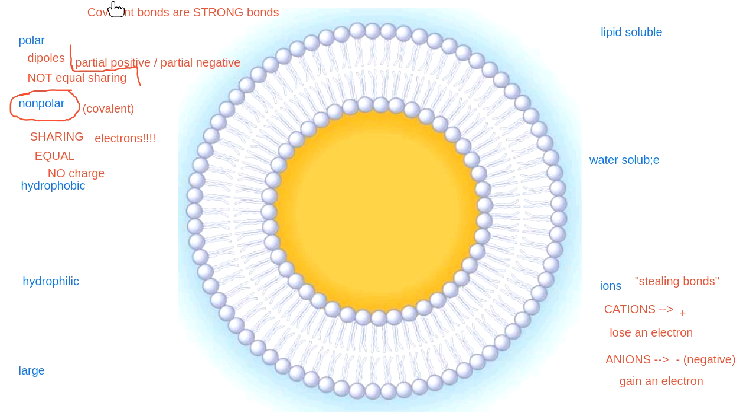So when we talk about ionic bonds, we would say they dissolve, or in other words, fall apart in water. Ionic bonds fall apart in water because they're not strong, because it was a stealing bond. Somebody lost an electron, somebody gained an electron. Because we look different, we have opposite charges, we're attracted to each other.